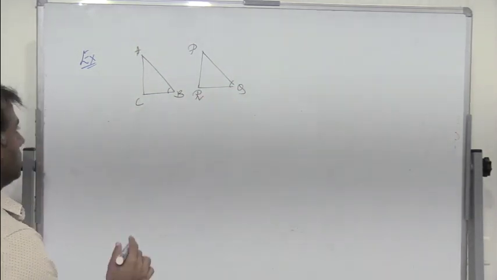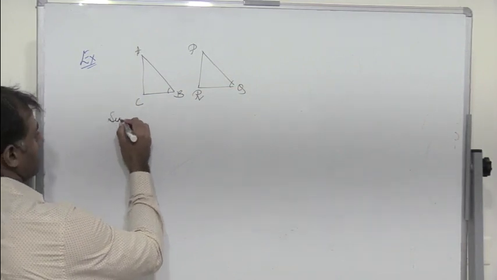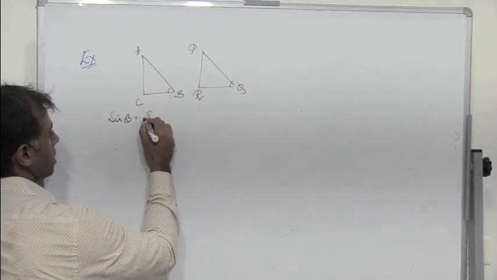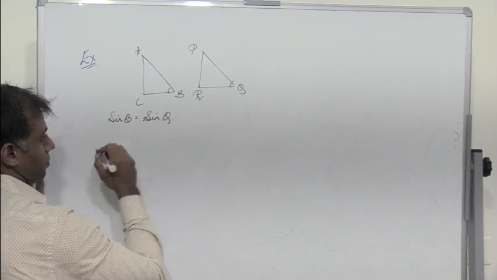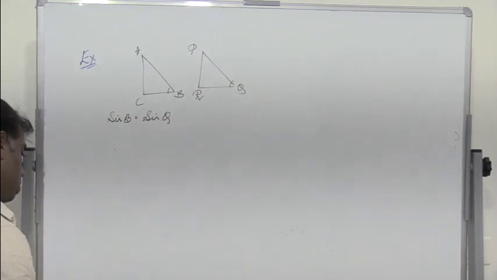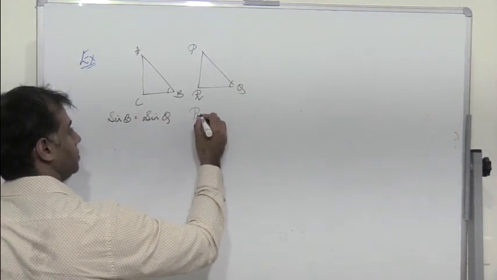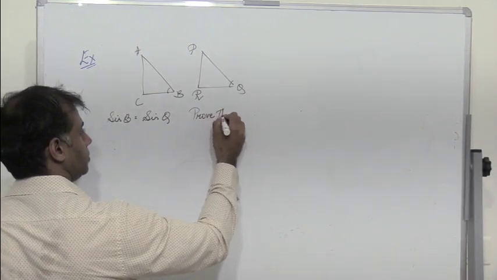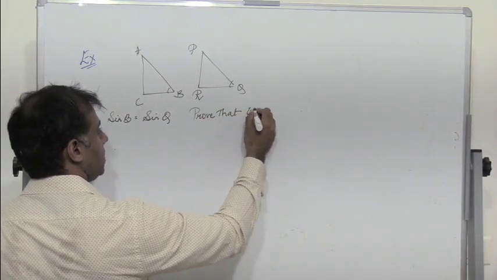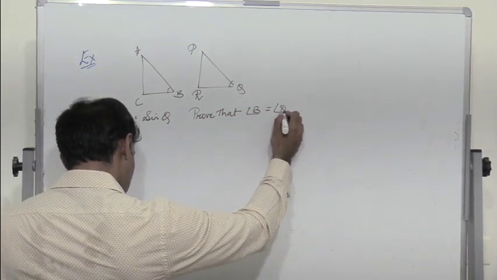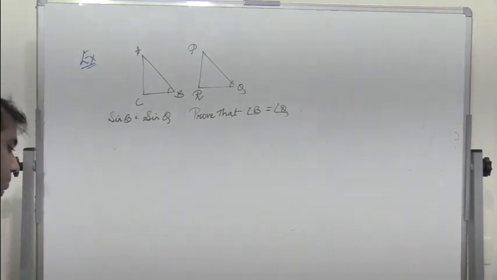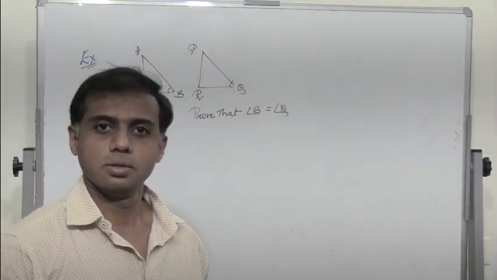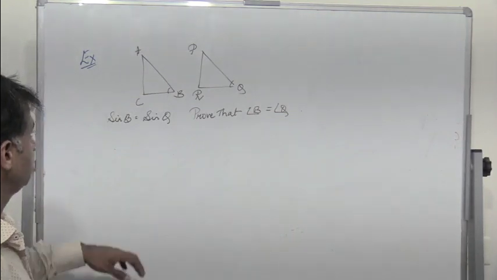It has been said that sine B is equal to sine Q, and we need to prove that angle B equals angle Q. So this is very simple.